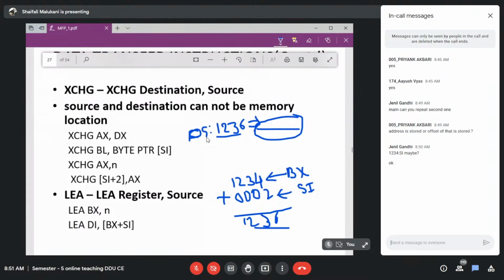I have not changed the segment address. Actually, this location is DS:1236, because BX and SI are by default offsets of the DS segment, as we have seen. So this is actually location DS:1236. So what is the offset of this location?